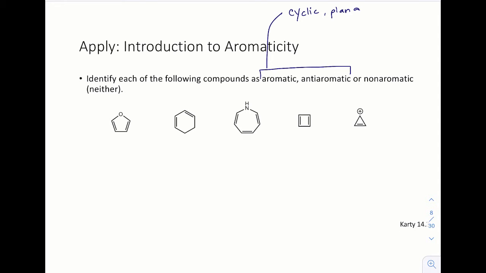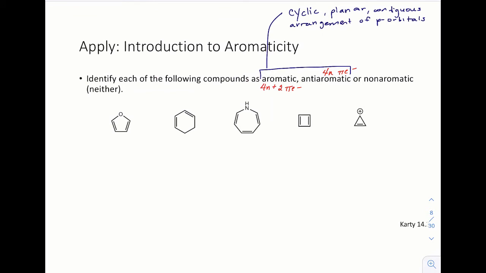So both aromatic and anti-aromatic should contain cyclic, planar, contiguous arrangements of p orbitals. Aromatic compounds will possess 4n plus 2 pi electrons in that system, whereas anti-aromatic compounds will possess 4n pi electrons in that system of cyclic, planar, and contiguous p orbitals.